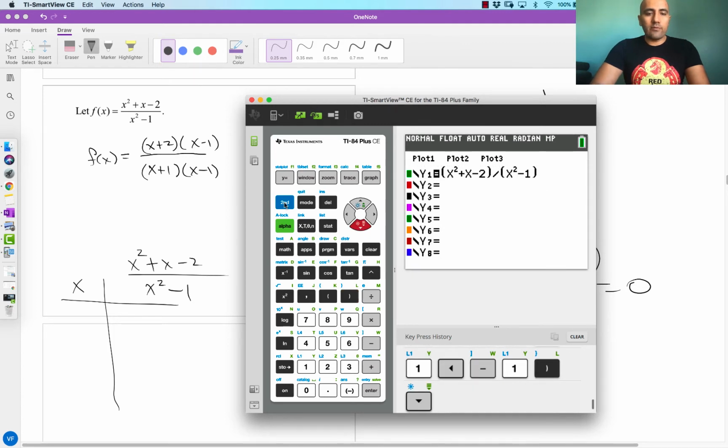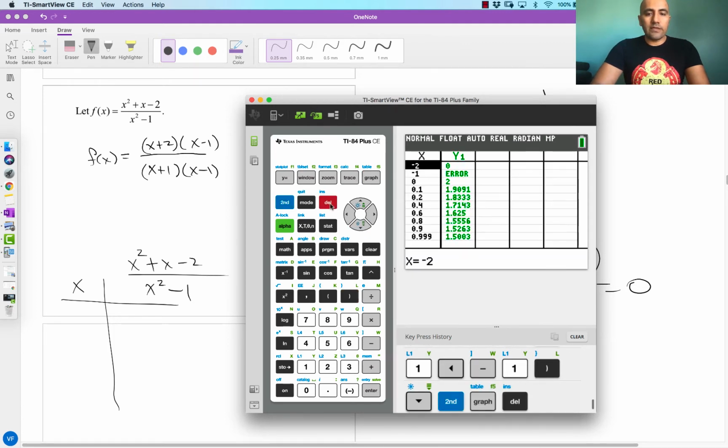I'm going to go over to table, delete old values, and we want to explore what happens as x approaches negative 1.